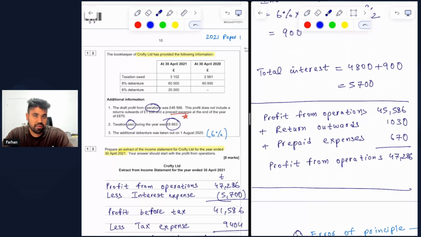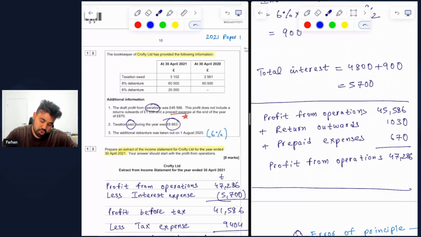Prepaid expense refers to payment made in advance for an expense that will be consumed in the next financial year, which means the amount of £670 is a current asset to Crofty, which Crofty will be consuming in the next financial year. So within the draft profit from operations that we are given, this prepaid expense was included as part of the total expenses, which is wrong.